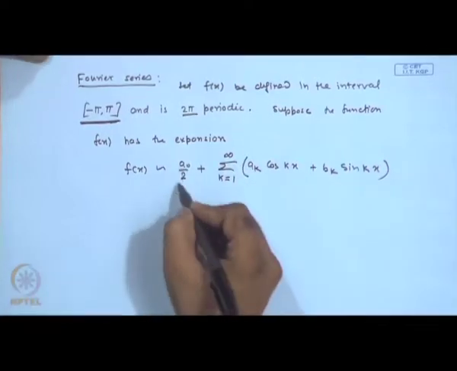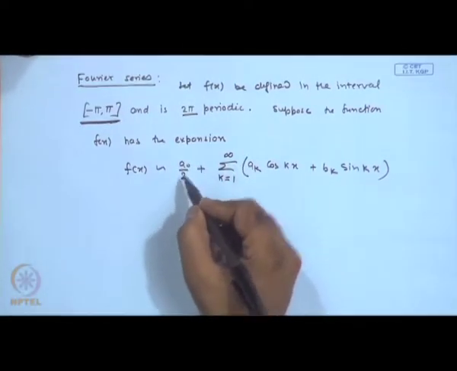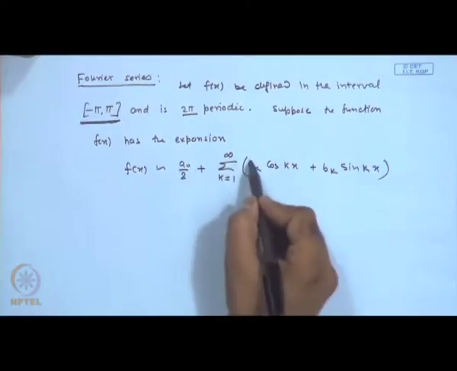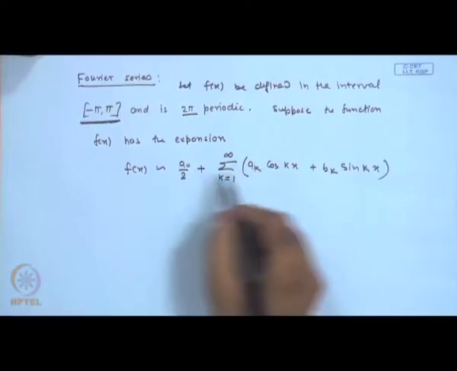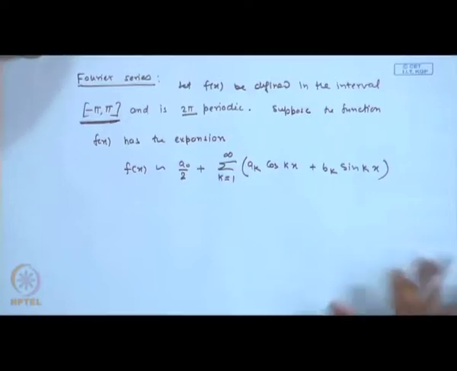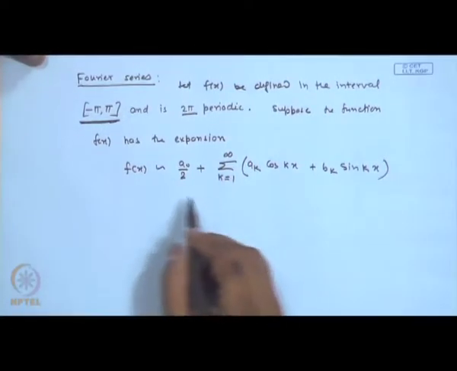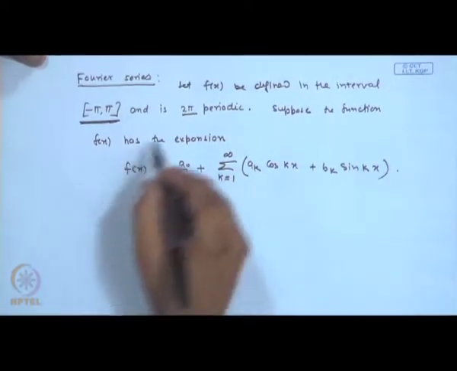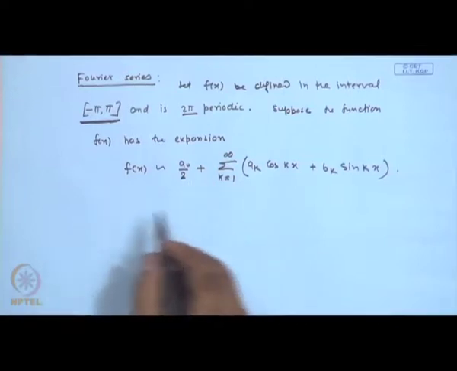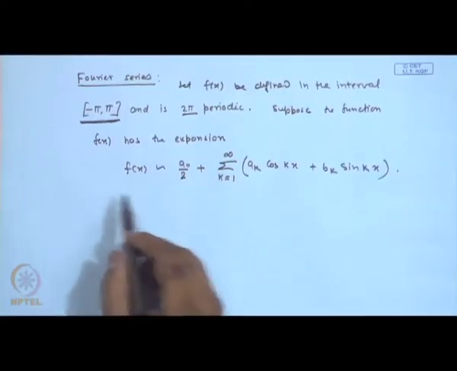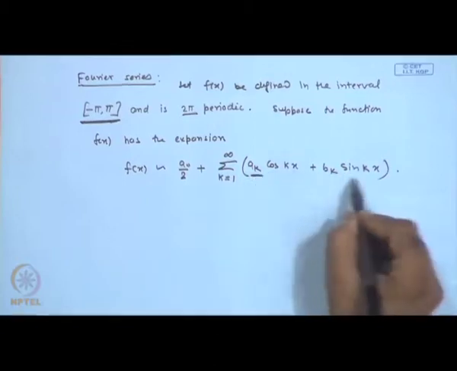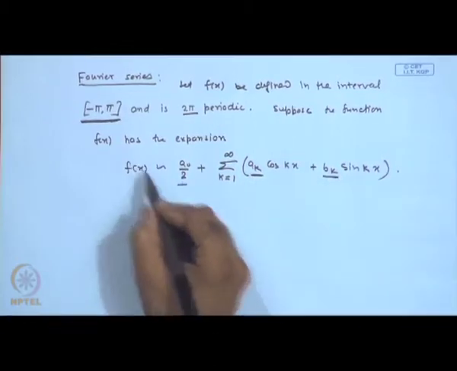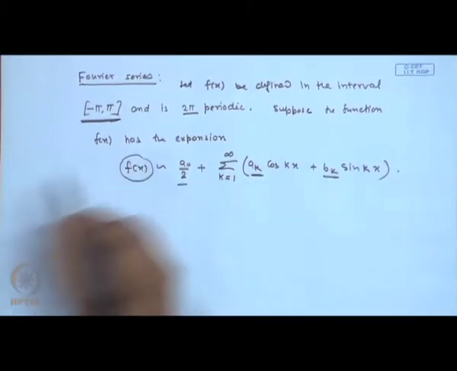We have taken a naught by 2 instead of a constant a naught to have consistency with a k. Later on we will see why we have introduced this factor 2 here. So, now the problem is how to determine these coefficients for a given function f(x).